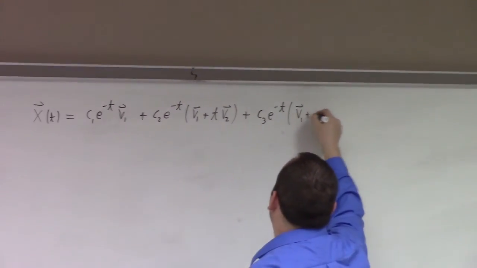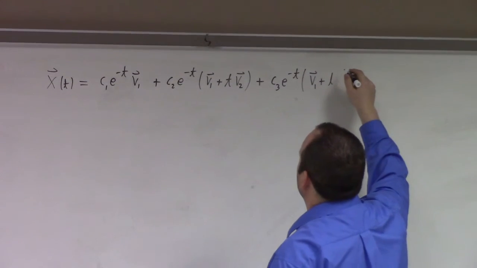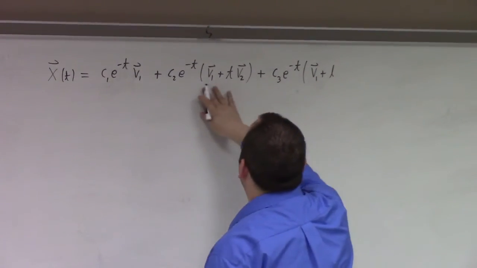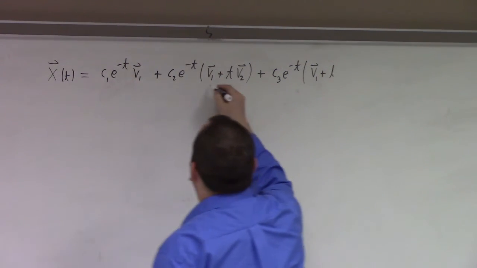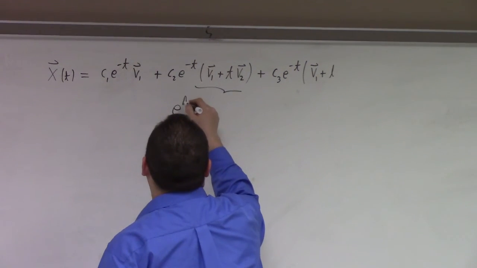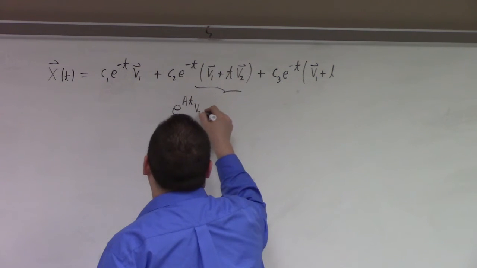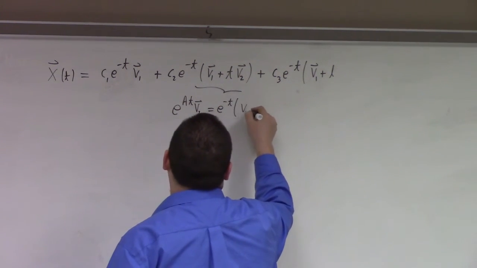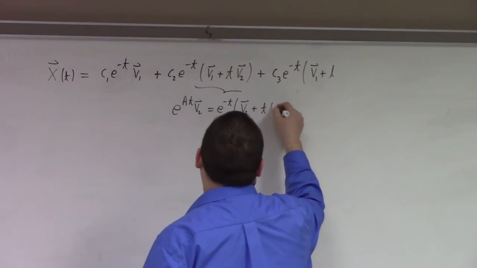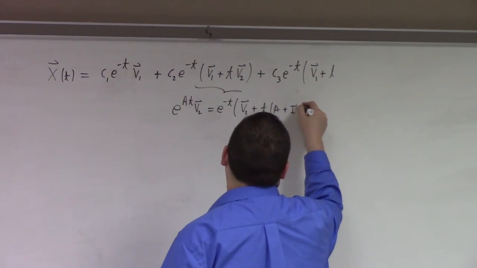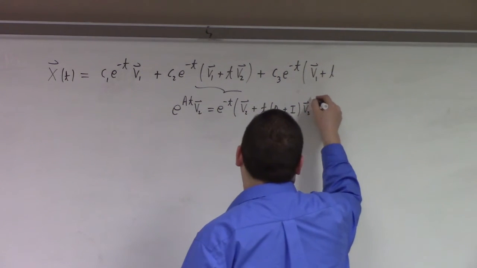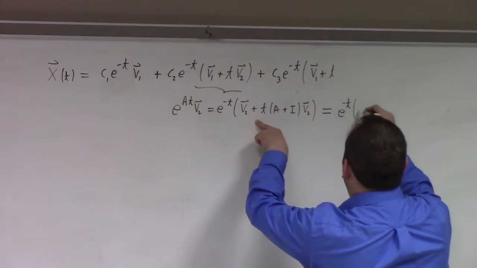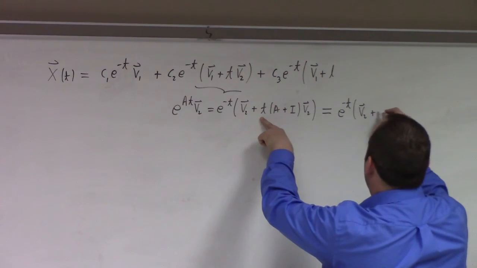v1 plus, I'm sorry. No, that's not, this is what I get for skipping steps. What should happen here? I'm trying to calculate what is e to the At times v2. E to the minus t times v2 plus t times A plus I, v2, right? This works out to e to the minus t times v2 plus t v1.